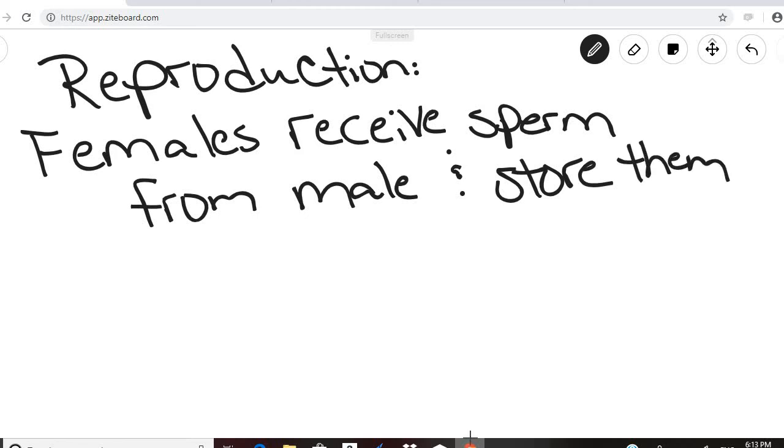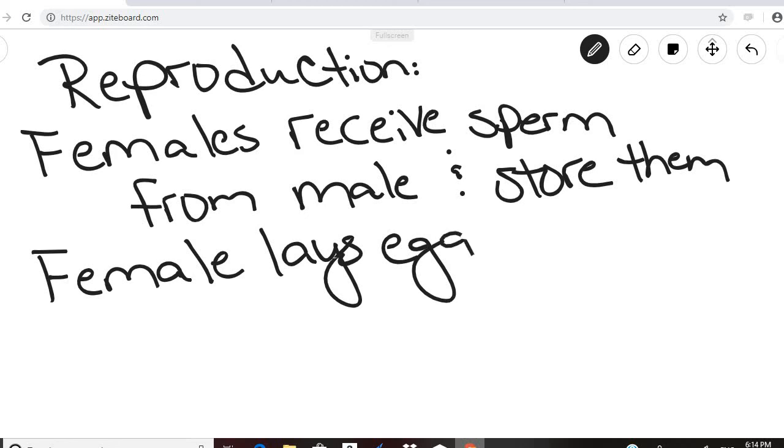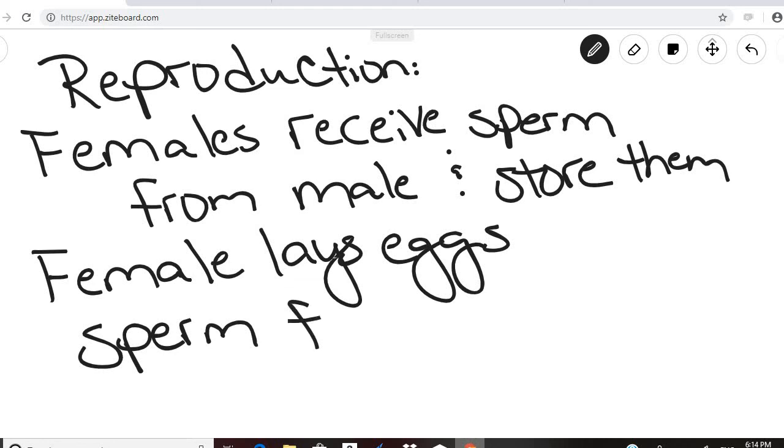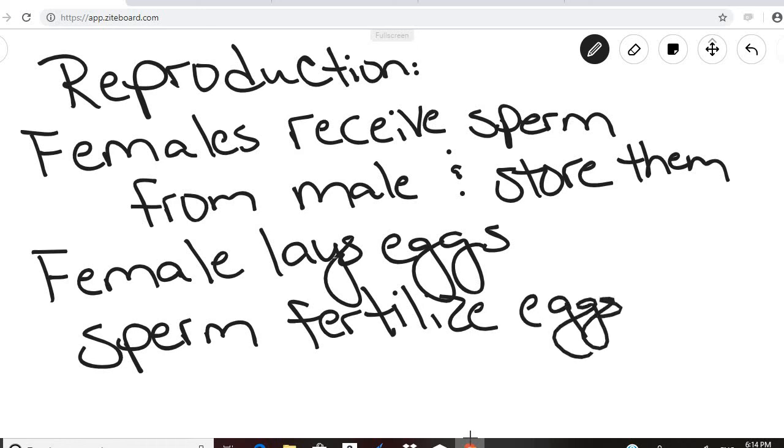Then when the female lays the eggs, the sperm will fertilize the eggs. So she has already stored the sperm, and they are used to fertilize the eggs that she has laid.